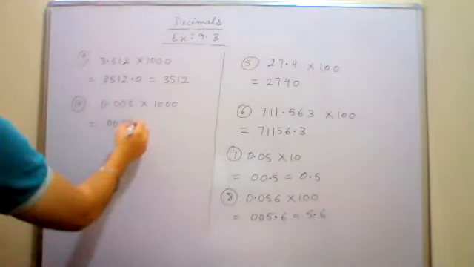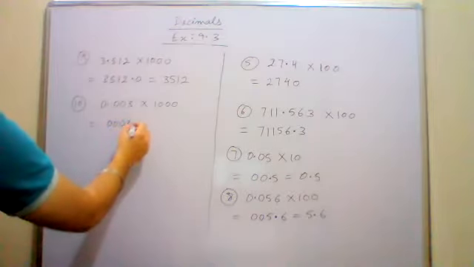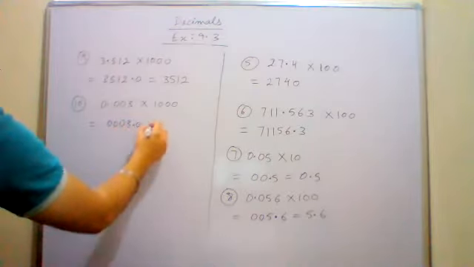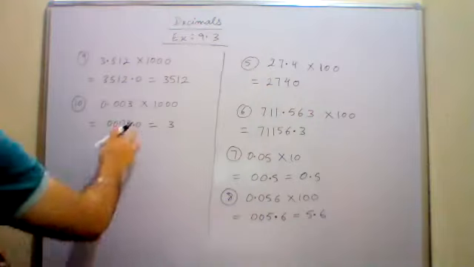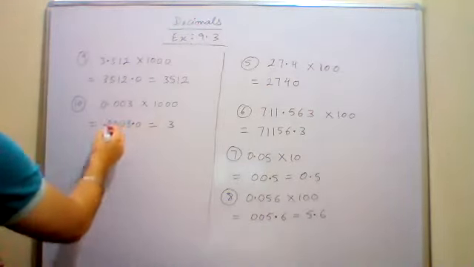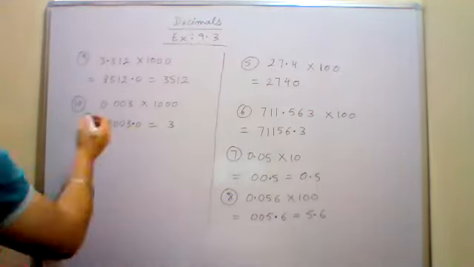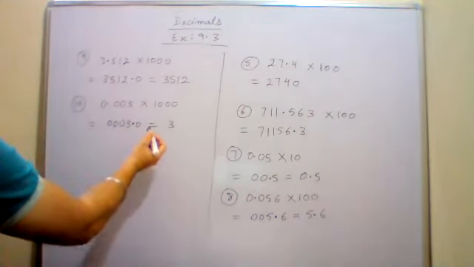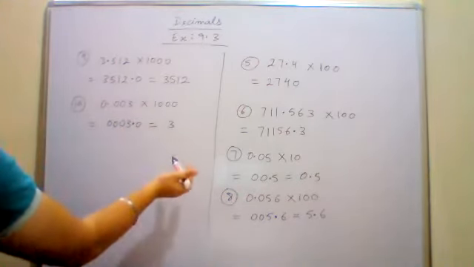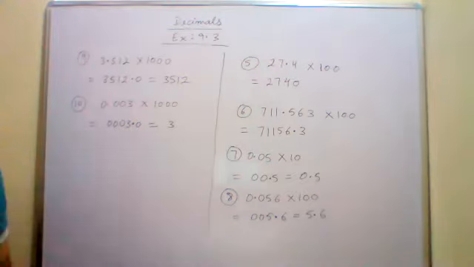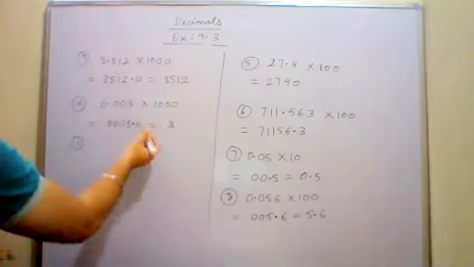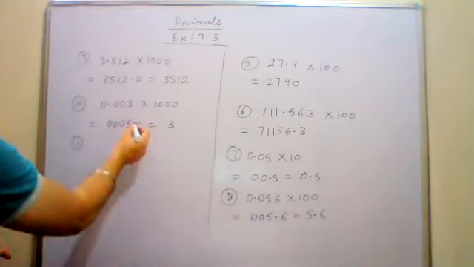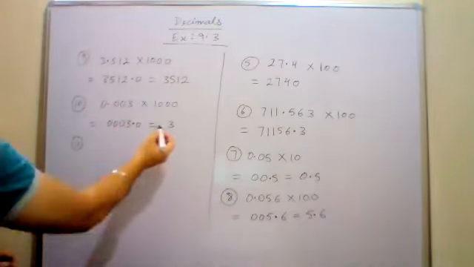So 003.0, or simply 3. 3 is the answer. Because before 3, however many 0s there are, it doesn't matter. And 0.0 has no value, so you can simply write 3 as the answer.